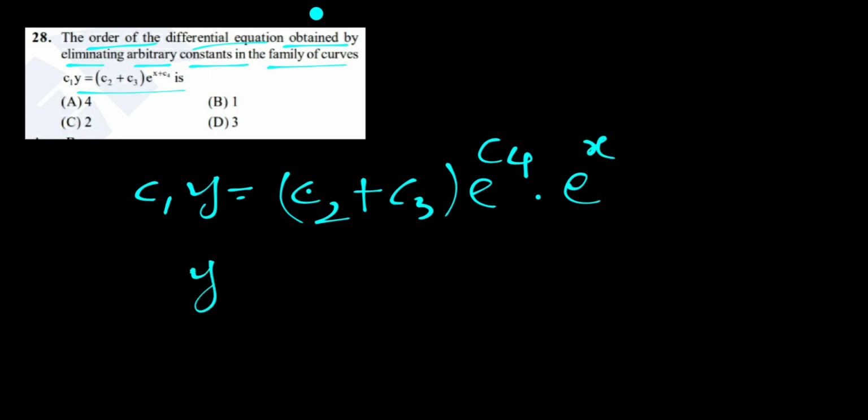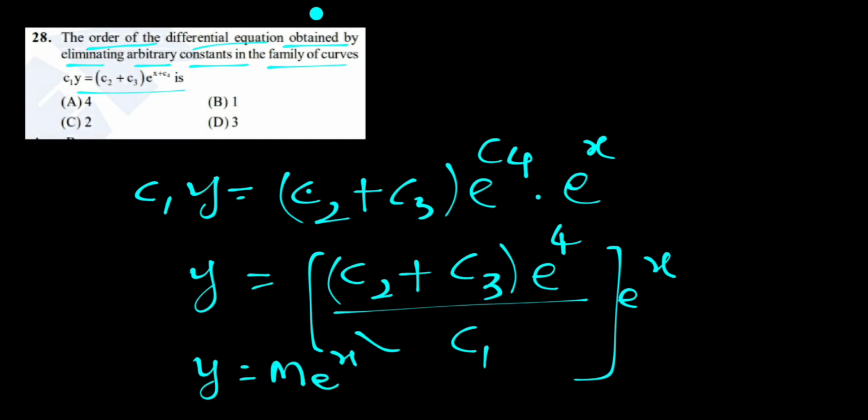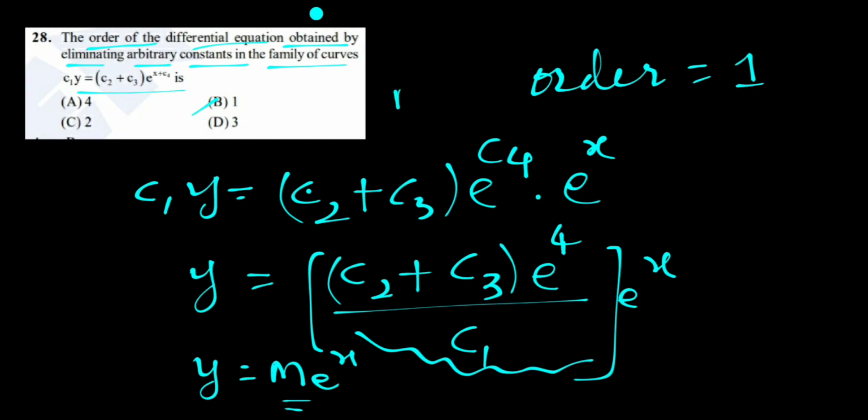Next, y is equal to C2 plus C3 into e power C4 divided by C1 into e power x. Y is equal to m into e power x. This total constant I am taking as m. So now how many constants are there? Only one constant. So order is equal to 1. So option B is the correct answer.